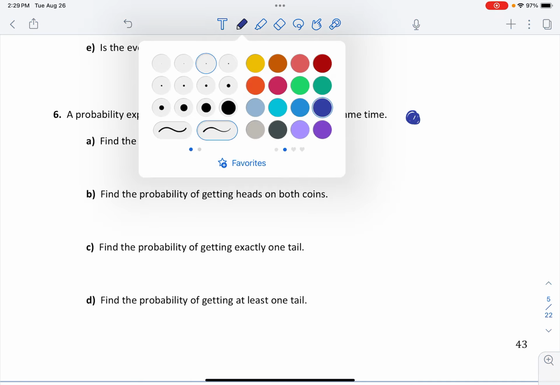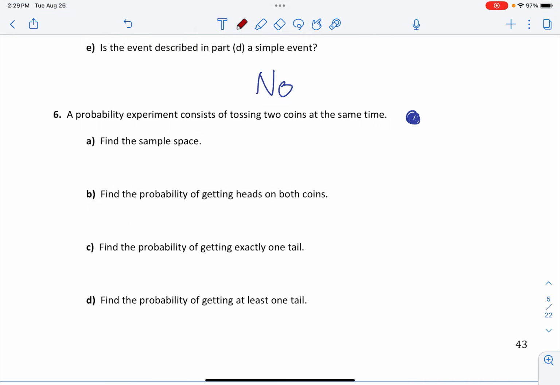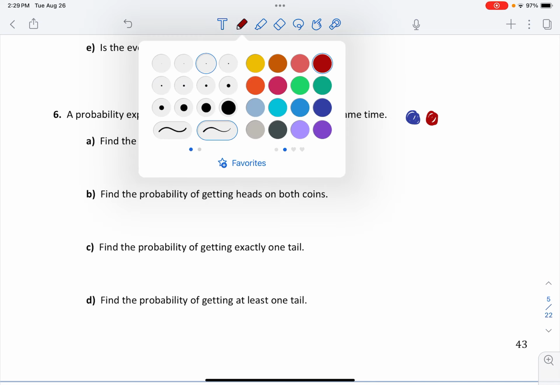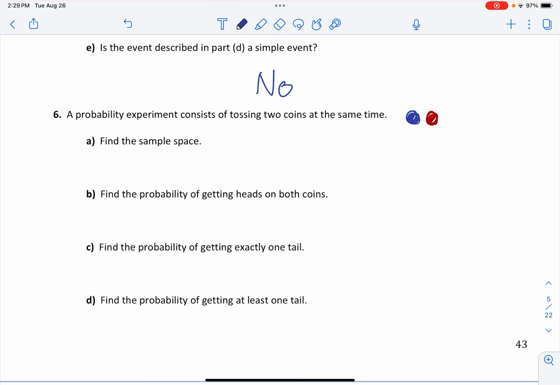So let's say we have this scenario: blue coin and red coin. Then what's my sample space? All right, so we could get heads on the blue and heads on the red. That would look like H, H, right?